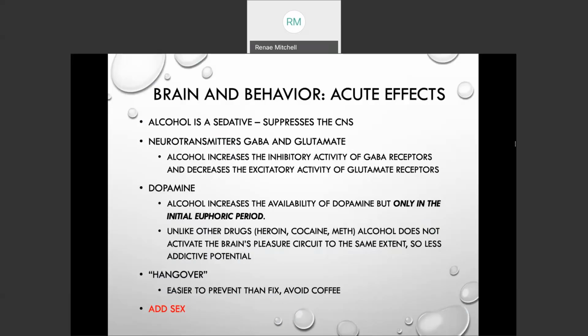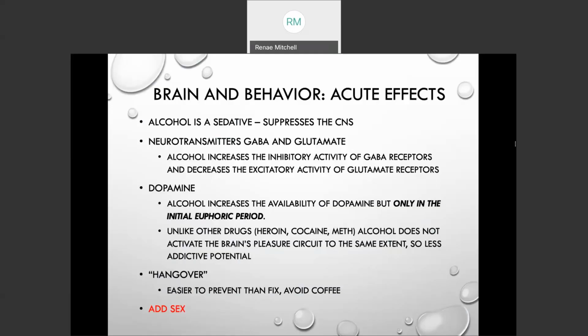With alcohol, you also see an impact on dopamine, which it initially increases the bioavailability of, but only in that initial euphoric period. Experiencing that kind of pleasant, buzzed, tipsy feeling only happens initially. Otherwise, the impact on GABA and glutamate starts to have more global effects on the brain.